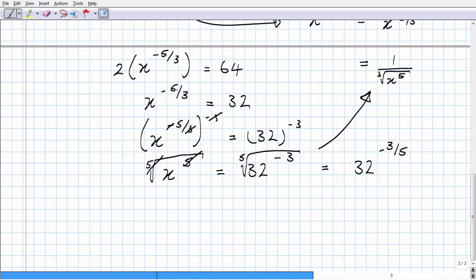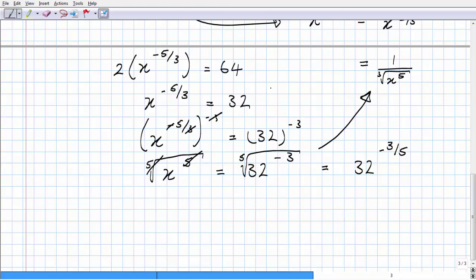What we could have done is we could have simply said, if we look at this 5 over 3 here, and the 3 over 5 here, we could say, well, why don't we just flip it and take it across? So we can do that. But it would be nice to show the working, but if you want to just jump to the answer, in this case you can, because you can just flip the fraction there and take it across.